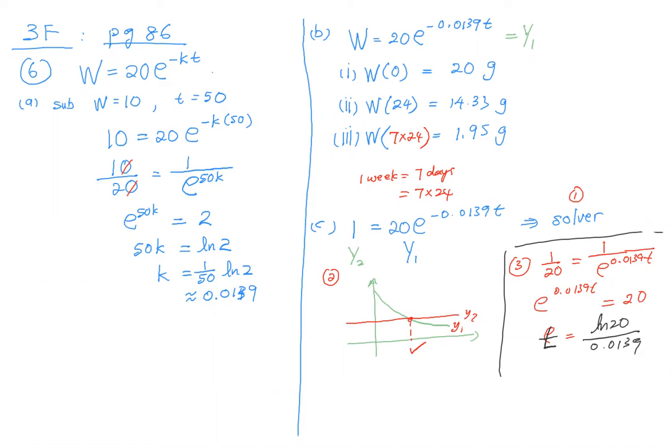Yeah, I got 215.5. Yes, me too, 215.5. Did you try all the three methods? The solver I did, and then I also did 3. I didn't do 2 only. Yeah, now you try to do 2.